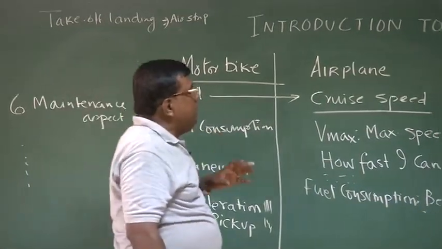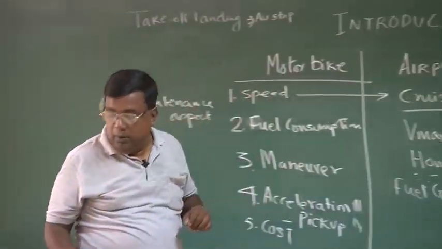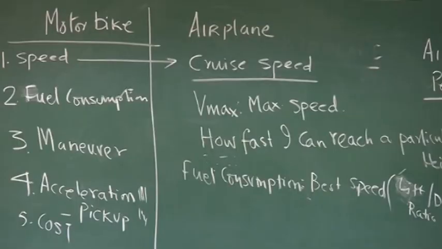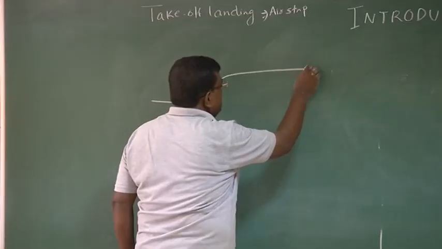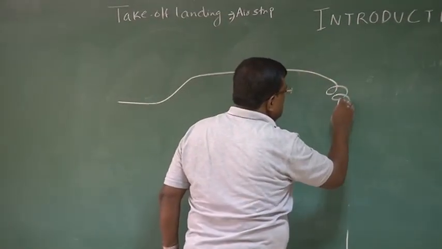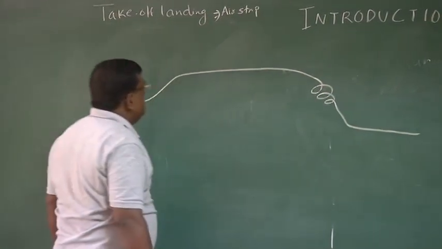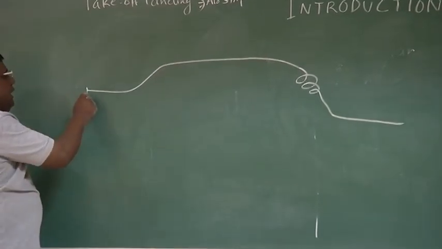So whenever we're talking about performance, we'll be talking about these things in a systematic manner. What are those things? Let us see. Let me draw this. Let's say the aircraft is here.